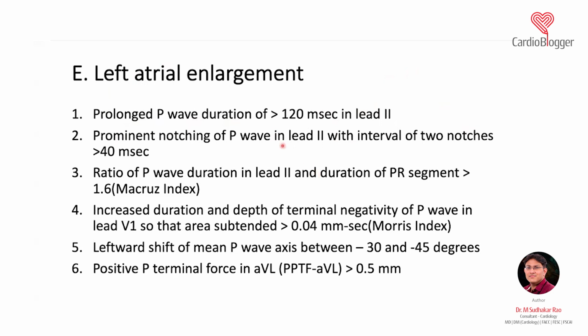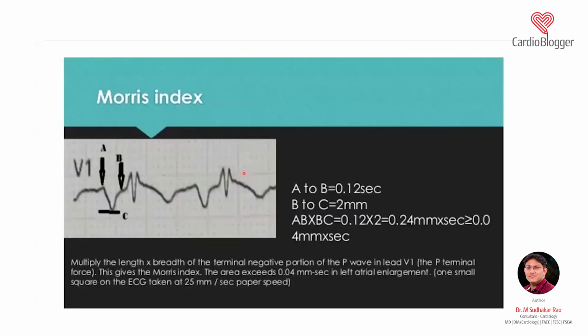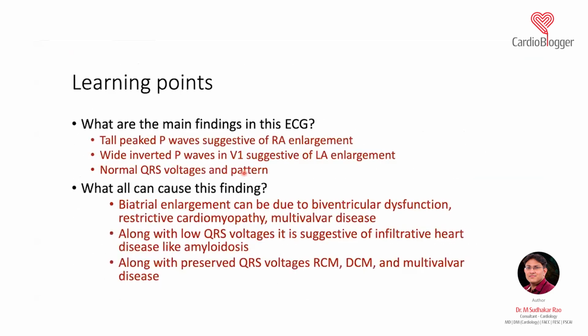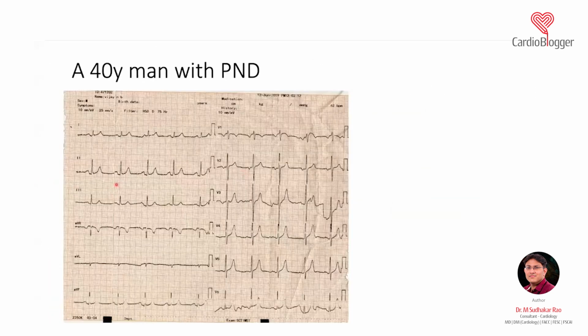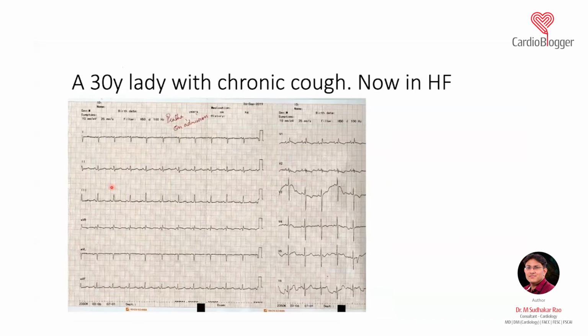Similarly, the hump which I am telling you in your lead 2, let's go to this first ECG, which is a classic ECG. You see the duration of the P wave here: 1 box, 2 box, 3 box. This P wave is an abnormal P wave. However, this P wave is actually a normal P wave.